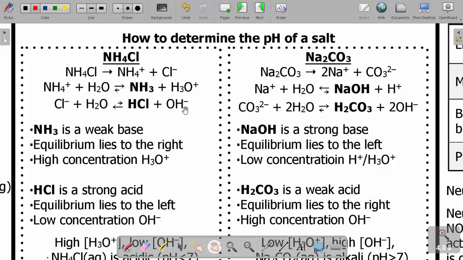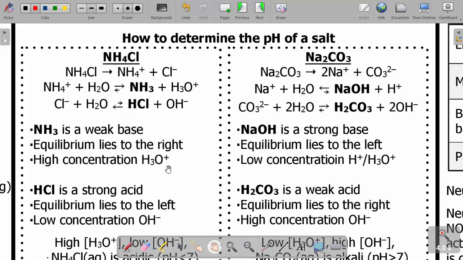Are we together? Don't forget that the ammonia NH3 is a weak base. Okay, and then equilibrium lies to the right, and so we have a higher concentration of hydronium ions. Okay, we have what? A higher concentration of these hydronium ions because this is a weak base.